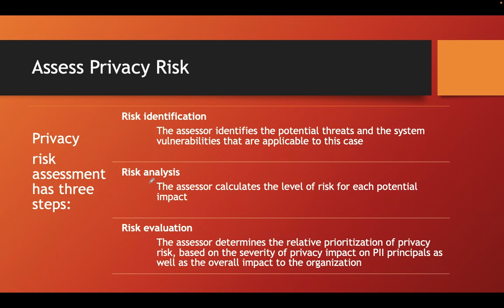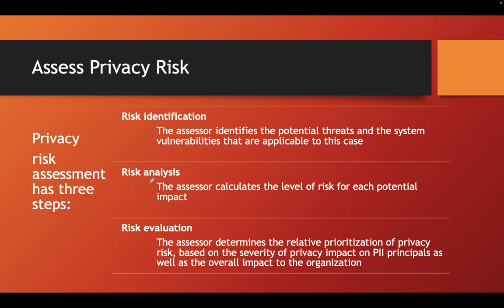Okay, now let's move on to assess privacy risk. In assessing privacy risk, we have to look at the risk identification, the risk analysis, and the risk evaluation. In the risk identification, the assessor identifies the potential threats and the system vulnerabilities that are applicable to this case.